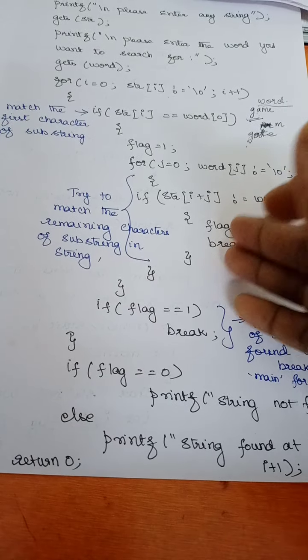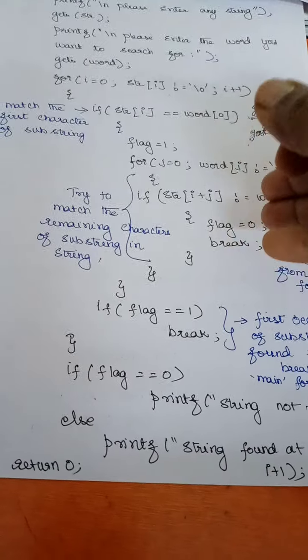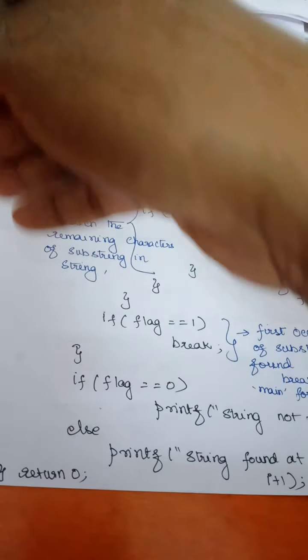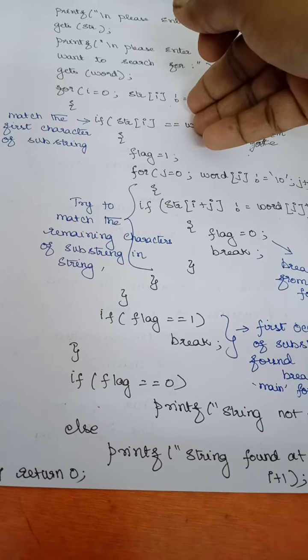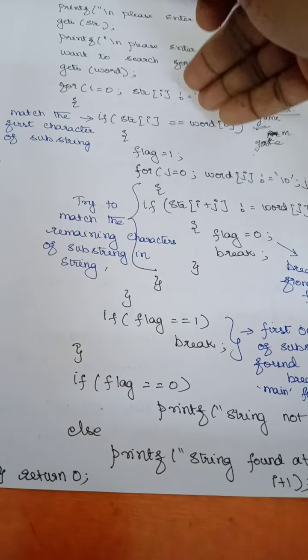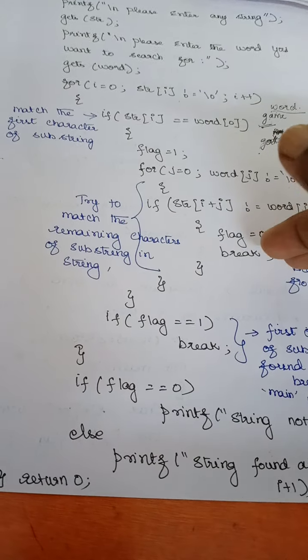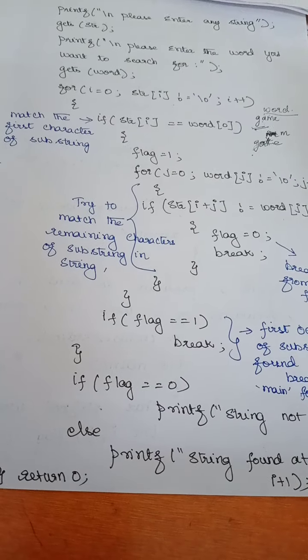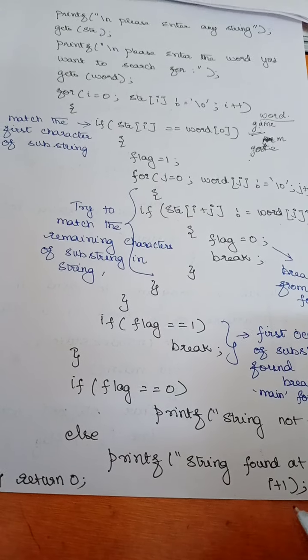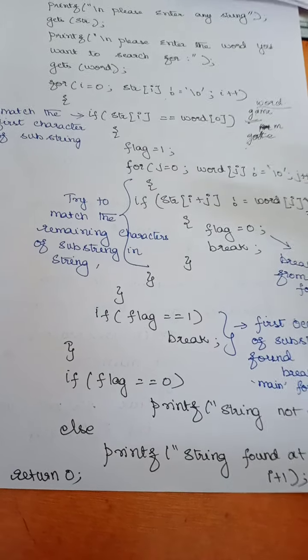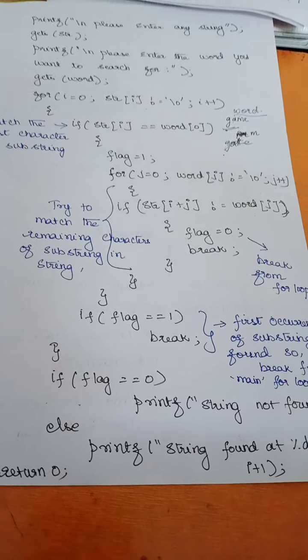Why am I breaking out of this for loop? Here it is not matching, but in future it may match with the original string, so again I am moving back here. Suppose it matches, what is the meaning? Once it matches, we can come out of the for loop. Why? Because they asked you only the first occurrence of the substring.